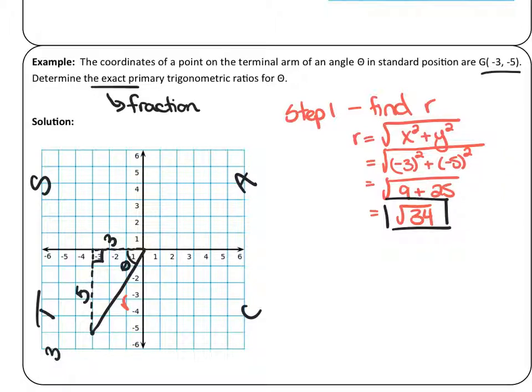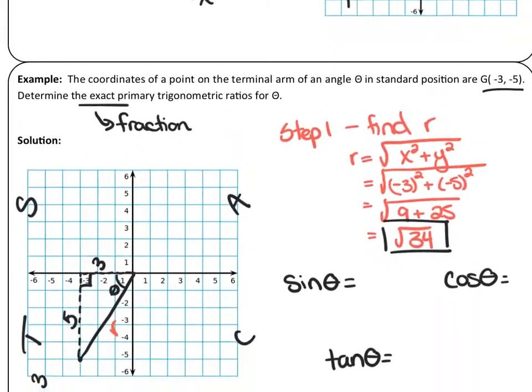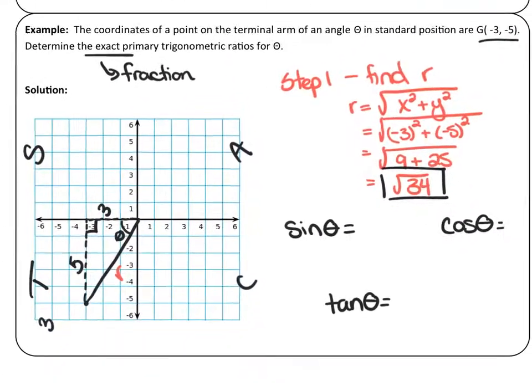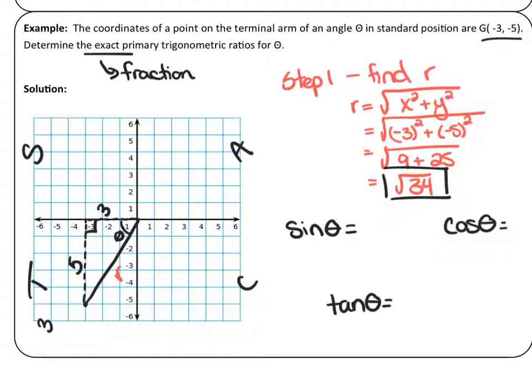And then all you have to do is go back, and we're going to do sine of theta, cos of theta, and tan of theta, using our trig ratios of y over r, x over r, and y over x, and also our CAST rule, which ones are negative and which ones are positive.